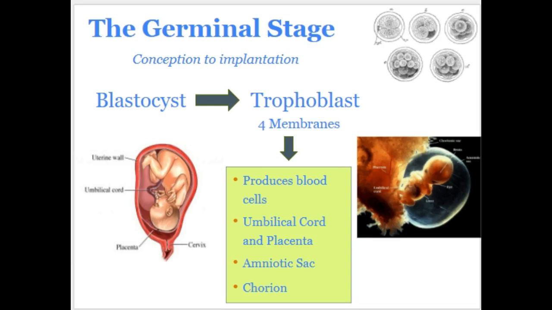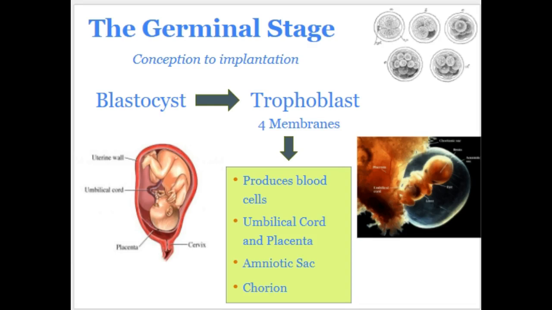The umbilical cord is what connects the growing embryo fetus to the mother, and that is connected to the fetus and to the placenta. The placenta is what allows for the exchange of nutrients and wastes from the mother to the infant and vice versa.